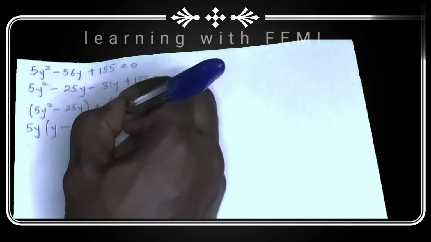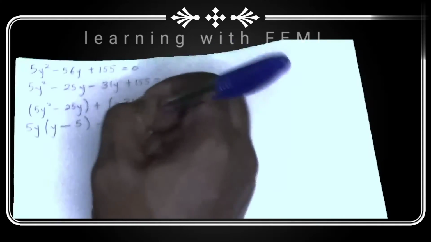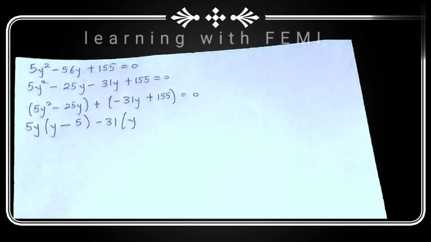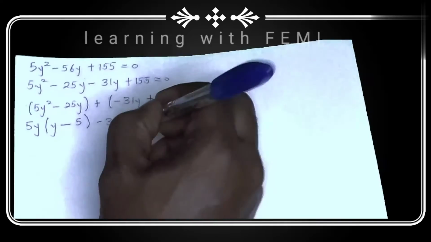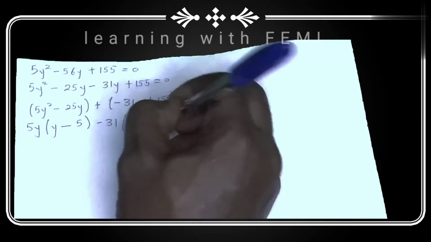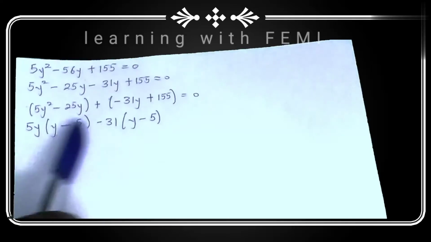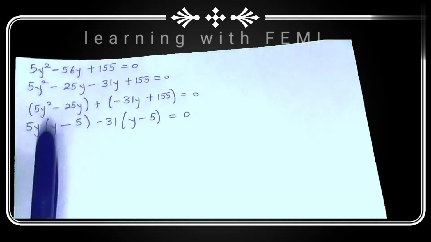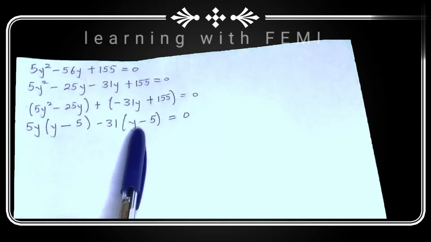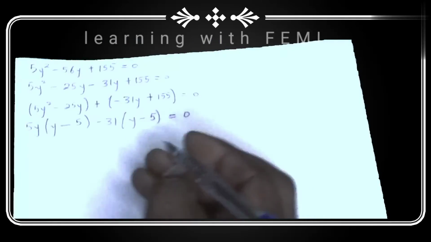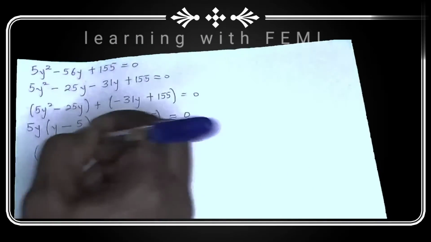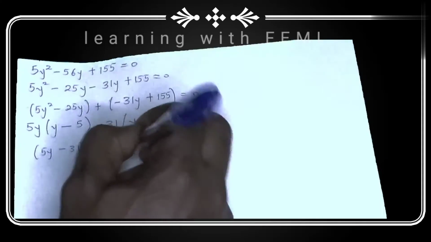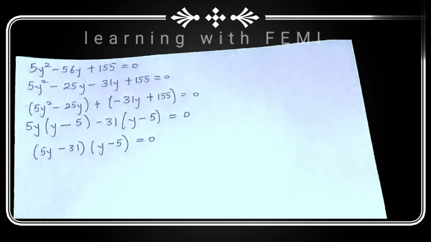Then we have a positive y here, then a negative 5 follows, making us have a factor in the two parts. The factor common to the two parts is y minus 5. So we have 5y minus 31 and y minus 5 equals 0.